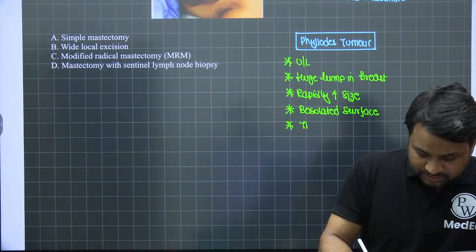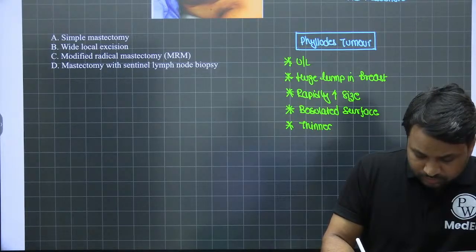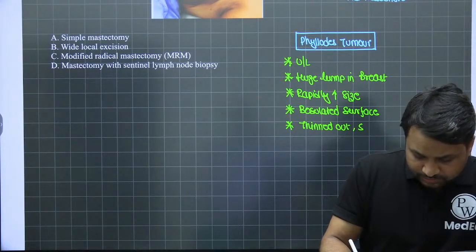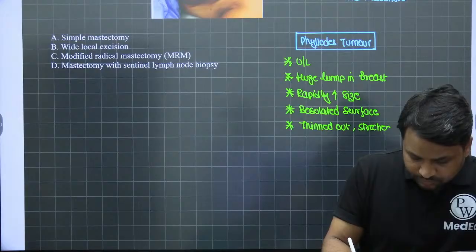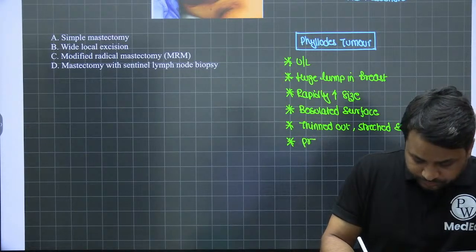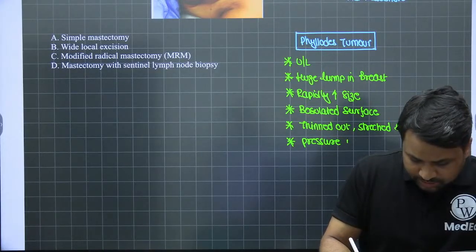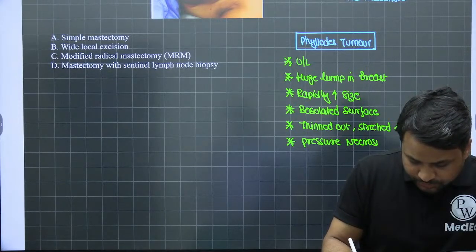It will have thinned out, stretched skin. It is also associated with pressure necrosis.